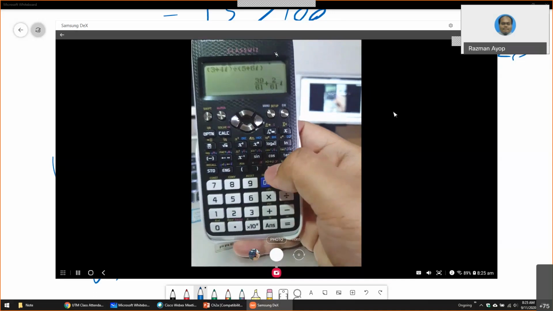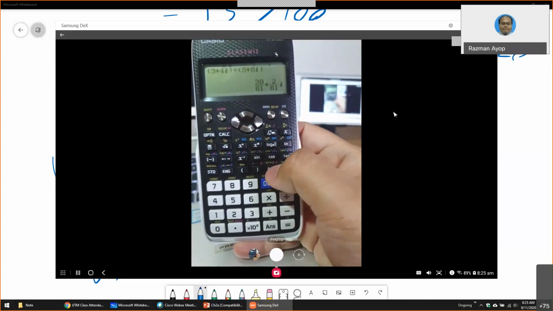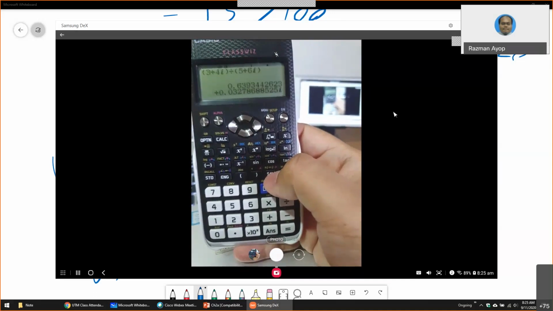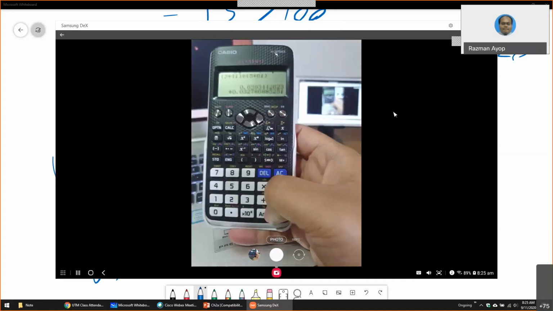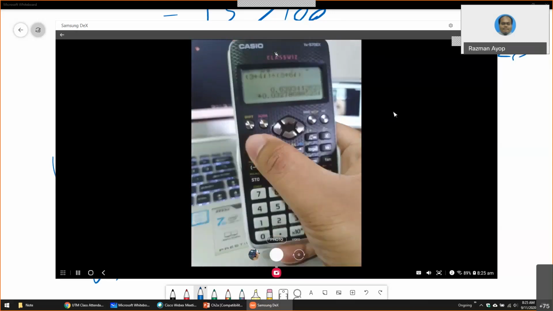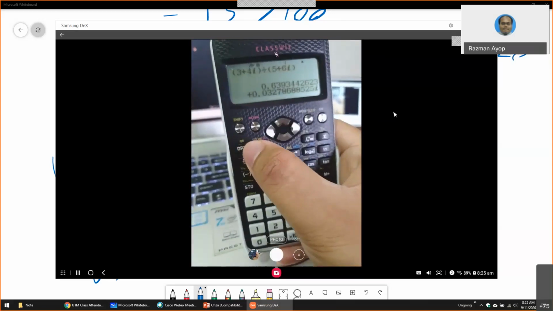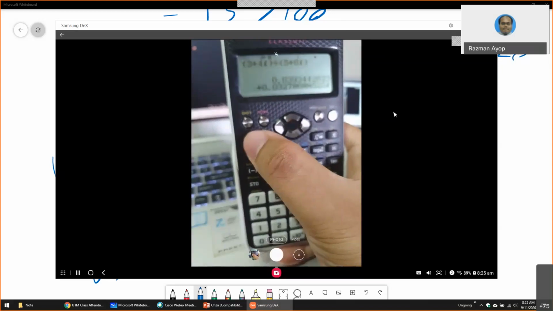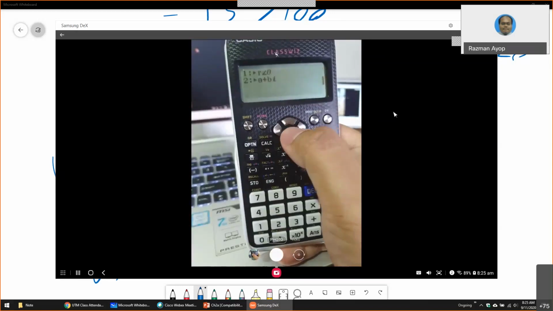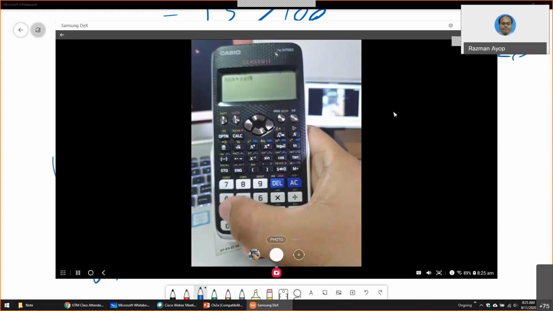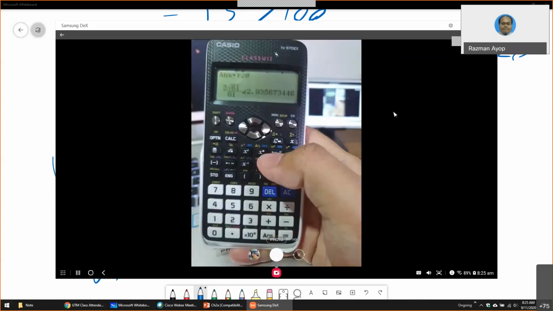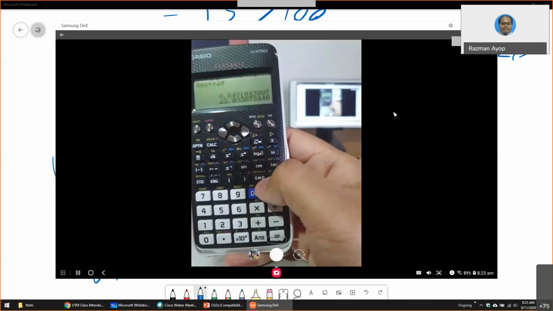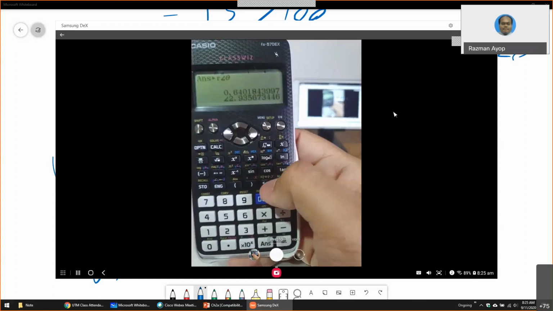So equals, this is the answer. Or, because the answer needs to be in decimal point, press this. This is the answer. If you want to show it in polar form, press Option, then go down and go to 1. Equals, you get the answer. Also, if you want to change to this form, just press this.